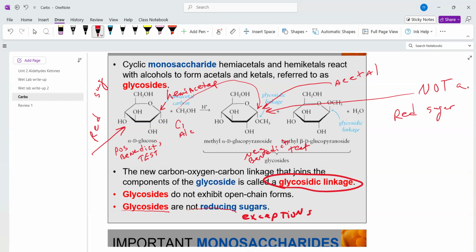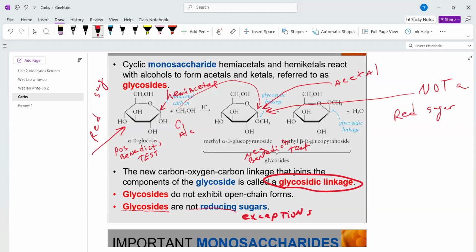Now, these are really important reactions because if anyone is diabetic, they're watching something called A1C. And A1C actually is a glycoside formation, where the sugar, glucose, will react with some molecules on the outside of a red blood cell and stick there.